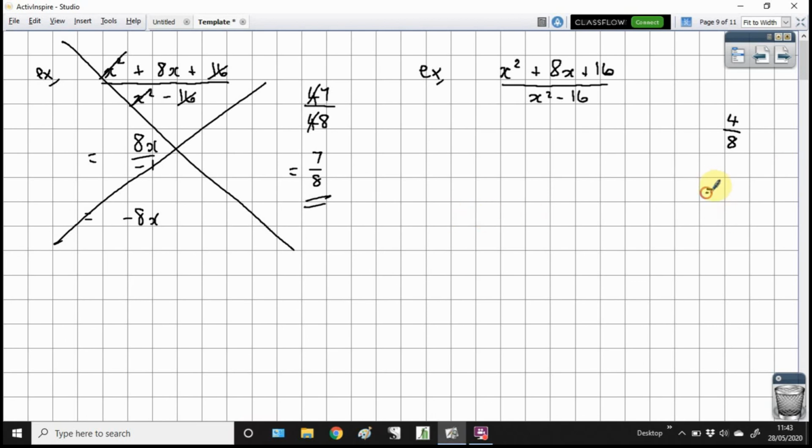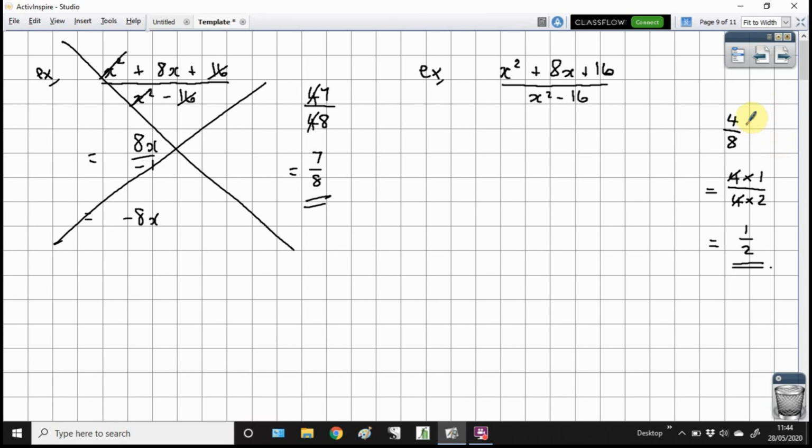Well, we can factorize 4. We can factorize 8. We notice that they have a common factor of 4. And so the answer is a half.